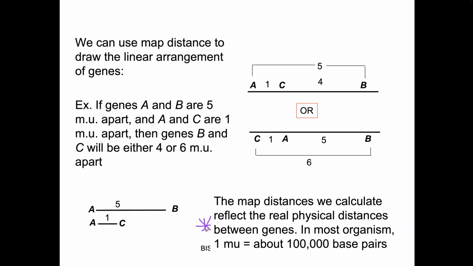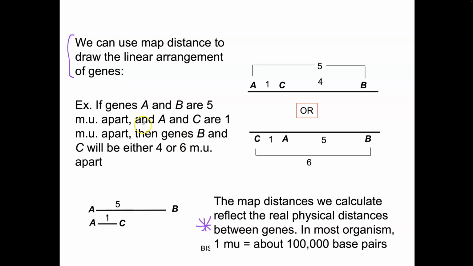And so I just want to reiterate that it isn't just an exercise. It's a real thing that's being calculated, and the map units tell us approximately where on a chromosome the genes are located.